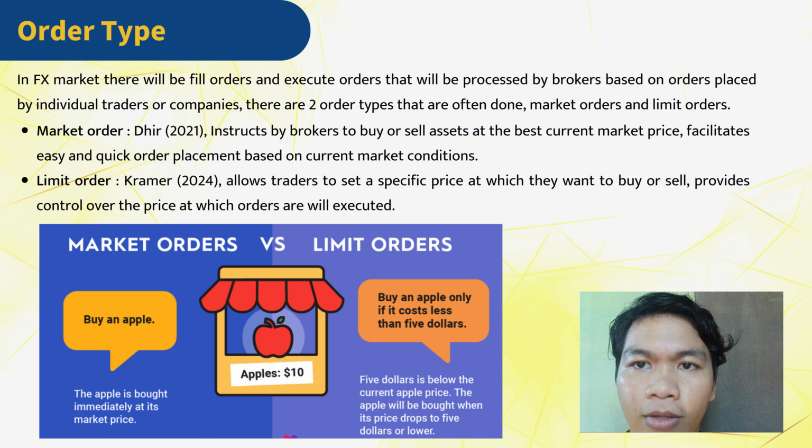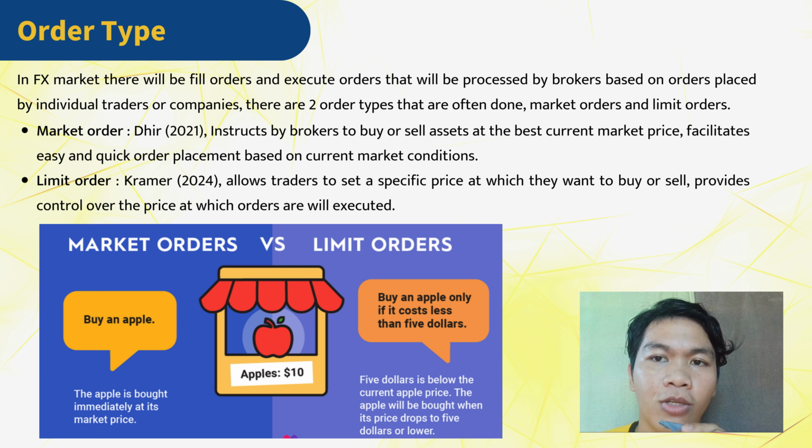A market order instructs the broker to buy or sell an asset at the best market price, which facilitates easy and quick order placement based on the current market condition. A limit order allows the trader to set a specific price at which they want to buy or sell. This provides control over the price at which the trader's order will be executed.